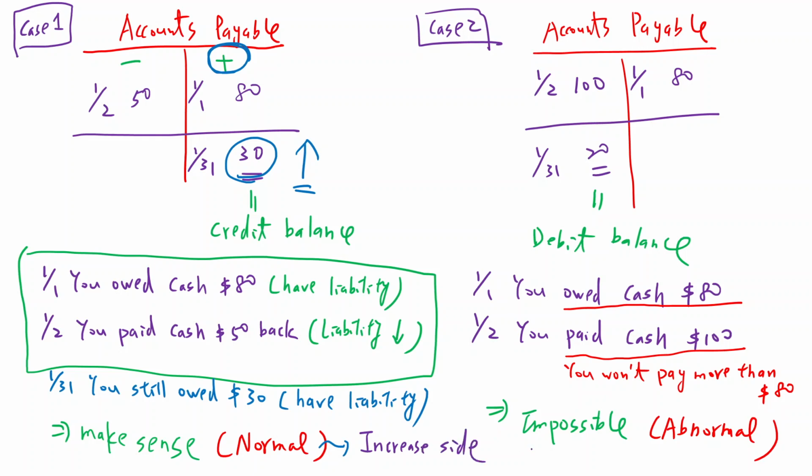Yeah, it's used for all the accounts, not only cash and accounts payable. Every account. The rule is how to double check it. For every account, the balance should appear on the increase side, because for the increase side you could explain it. That makes sense. Okay, when they appear on the decrease side, you cannot explain it. It's impossible. Like these two cases.